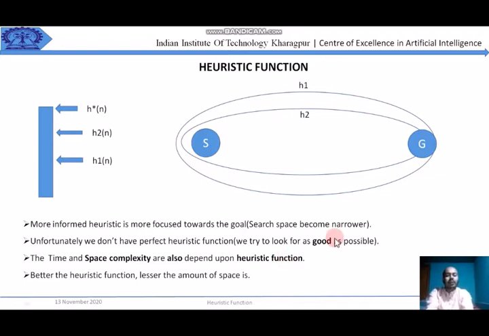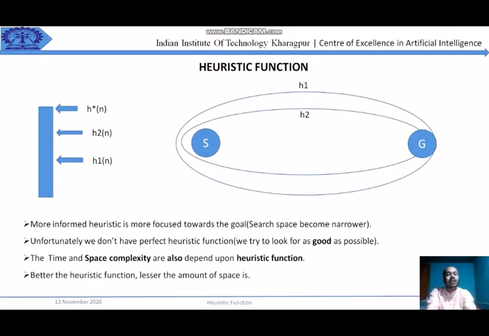So using a better heuristic we can have better results in terms of space complexity. Time and space complexity also depend upon the heuristic, though the heuristic is not the only factor. The way of searching, like in depth first search and breadth first search, is also a very big factor.